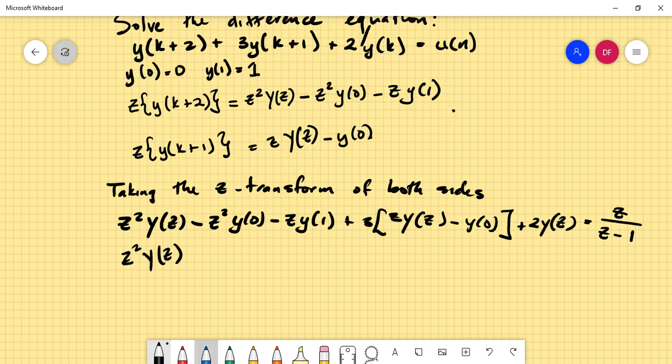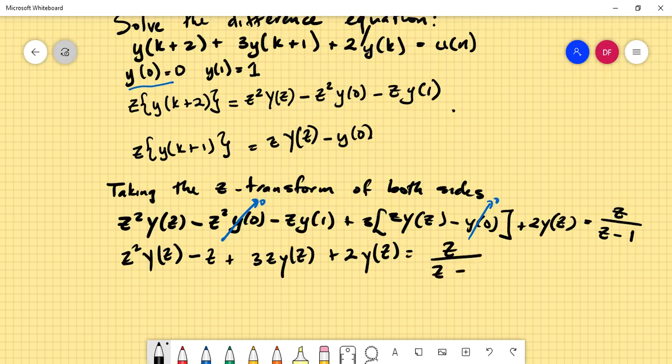This term here, y(0), is 0, so this term is 0, as well as this term here is 0. Then z squared y(1), where y(1) is 1, so this is going to be minus z, plus 3z Y(z) plus 2Y(z) is equal to z over z minus 1.